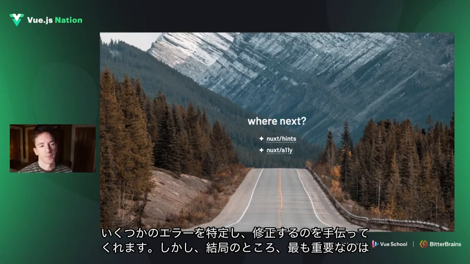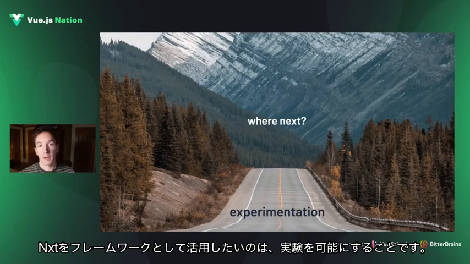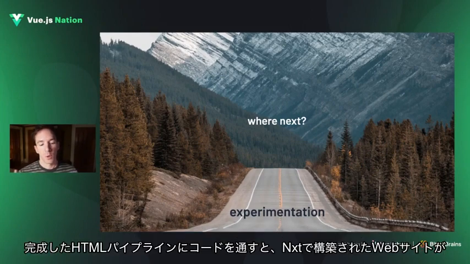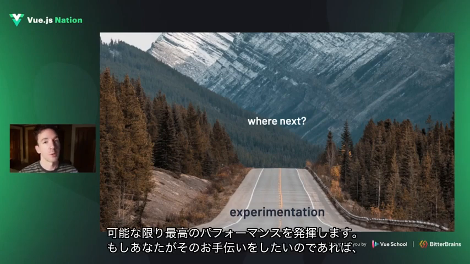But at the end of the day, the main thing that we want to do with Nuxt as a framework is enable experimentation. So finding what the opportunities are to improve performance, figuring out how we can use Nuxt and the end-to-end, so your code through to the finished HTML pipeline, to make websites built with Nuxt the most performant they possibly can be.